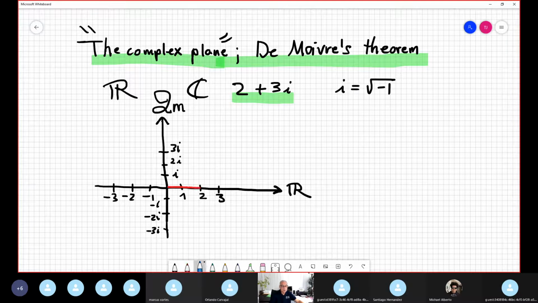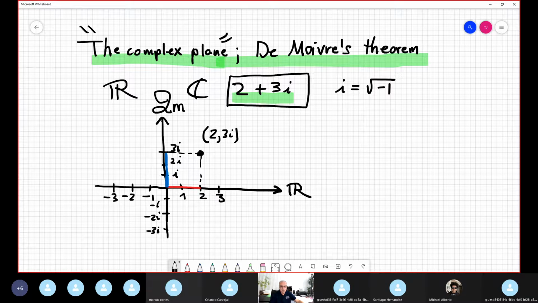And 3 is the imaginary part, which is this. Together, the red part, which is the real, and the blue part, which is the imaginary, together give this point. This point represents 2 plus 3i.